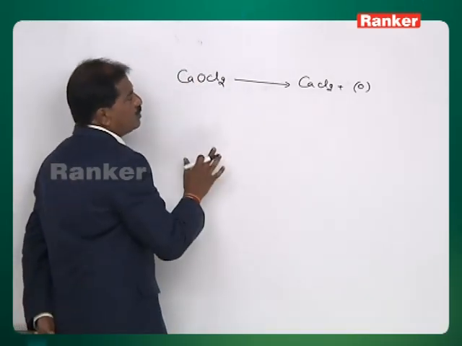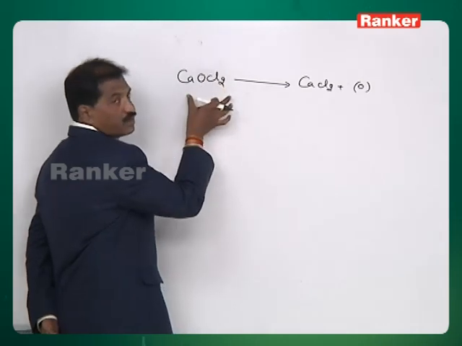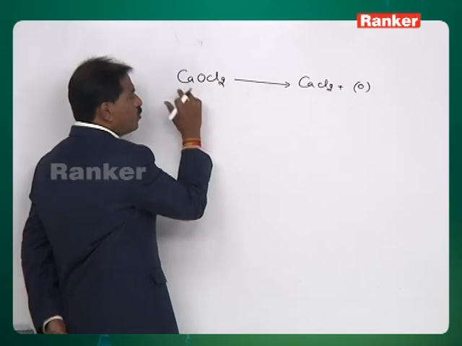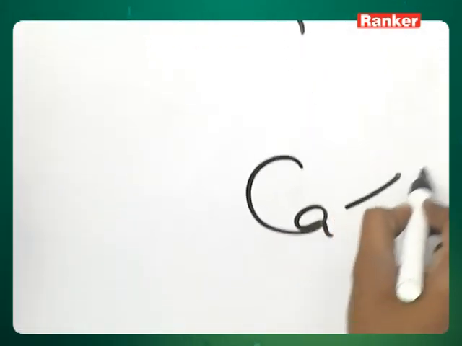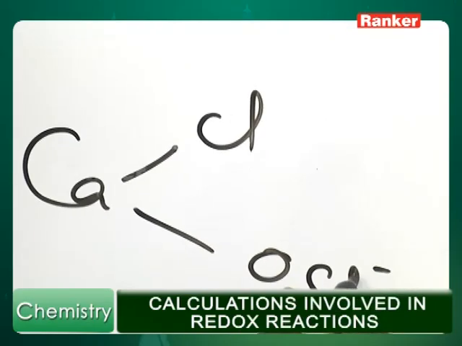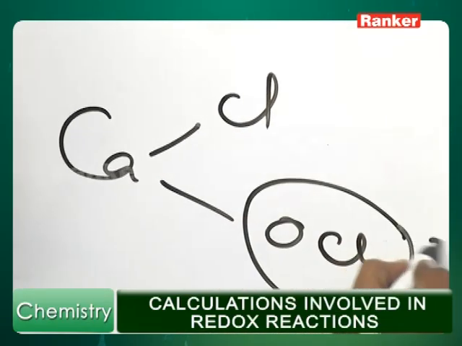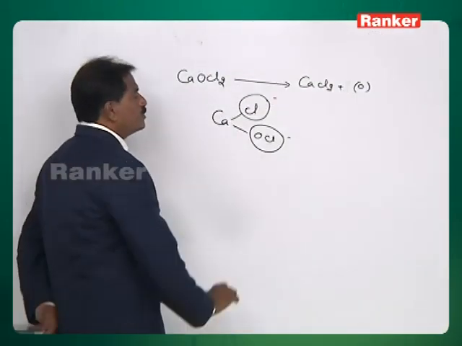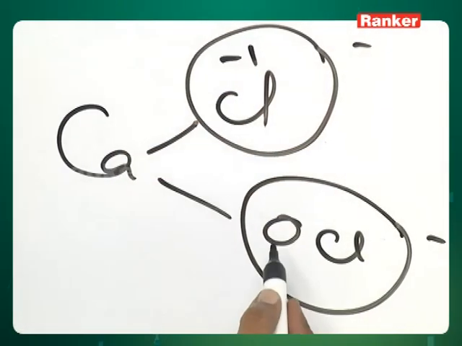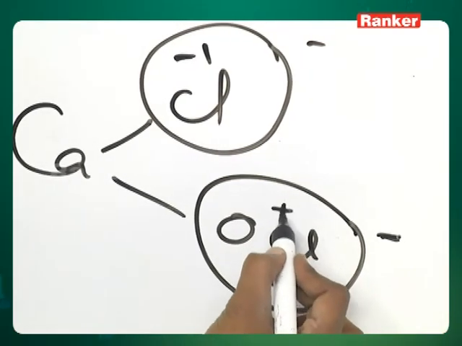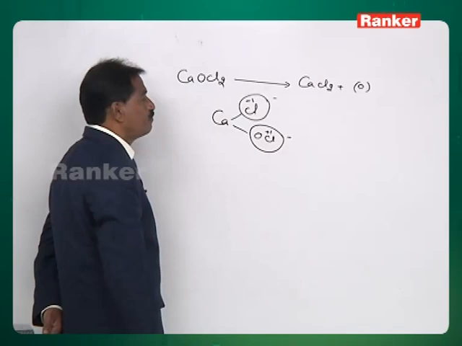In this change, what is the valence factor of the bleaching powder? See here, before participation in the reaction, this is bleaching powder, OCl-, this one. Here the oxidation state of the chlorine is +1.